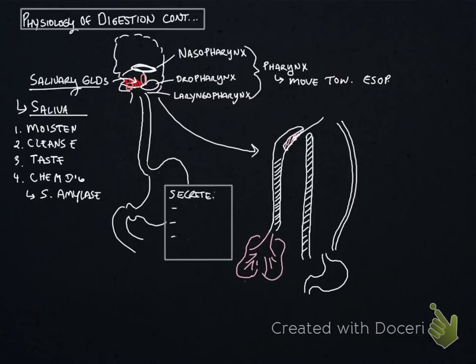And right here we have a picture of the esophagus, and what allows food to move down this way towards the stomach instead of going down the trachea towards the lungs is the structure called the epiglottis.